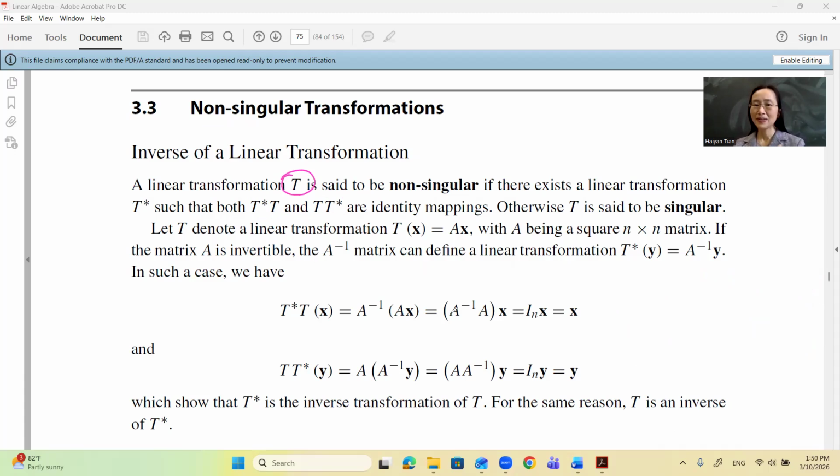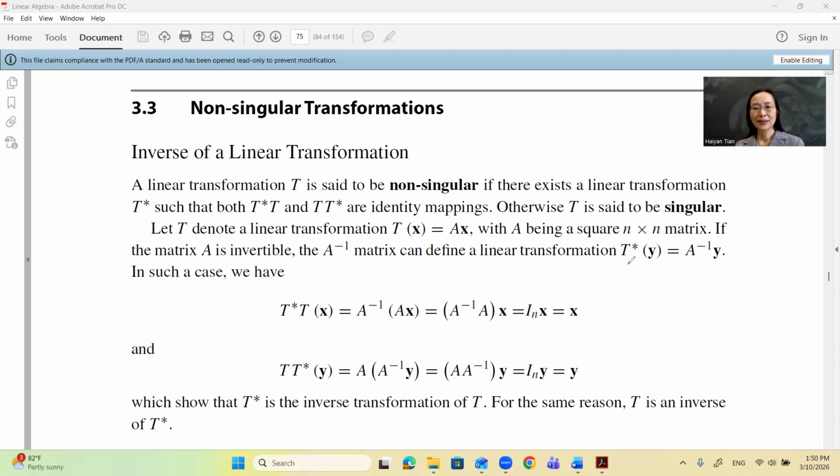In other words, T is actually invertible, and this T star is actually the inverse mapping of T. So a linear transformation is either non-singular or singular. It cannot be both. So we can tell whether it is non-singular or not. This is an important topic.